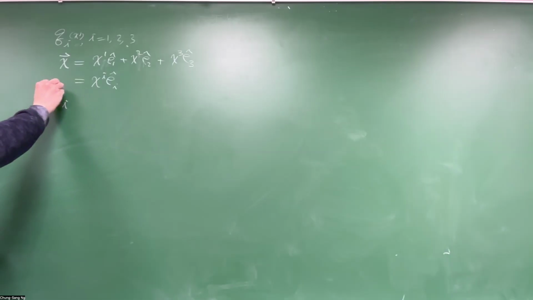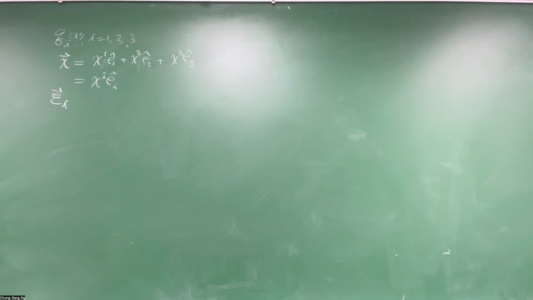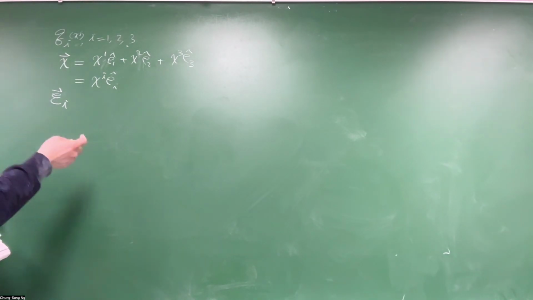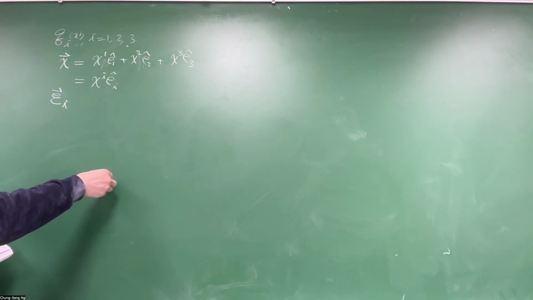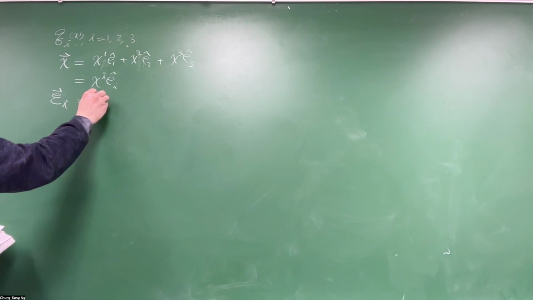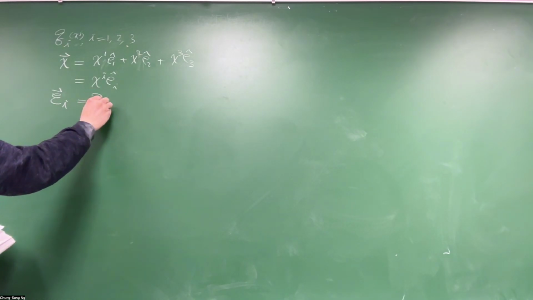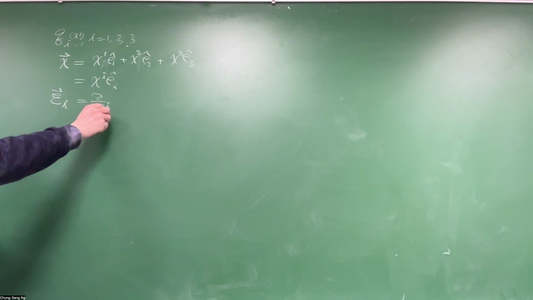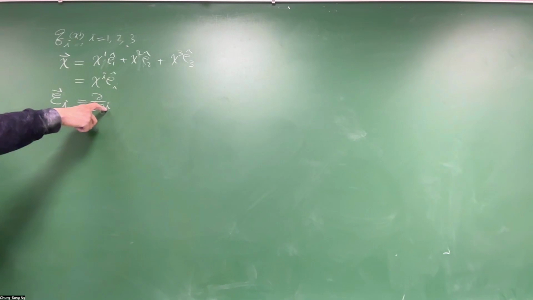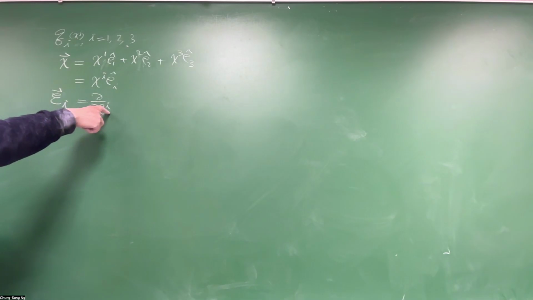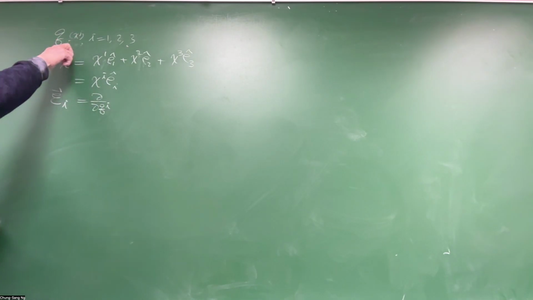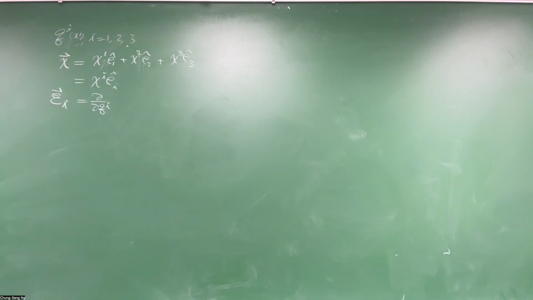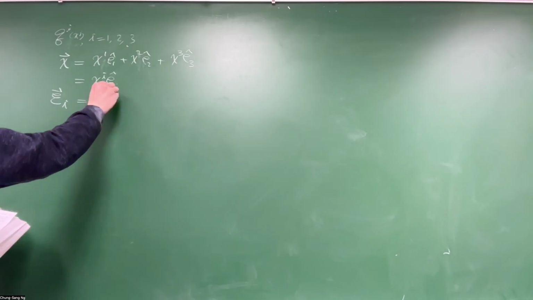Later we'll also define the contravariant basis. We define the covariant basis as just the partial derivative with respect to Q, the contravariant coordinate Q sub I. Actually, let's define this I first and then the X.